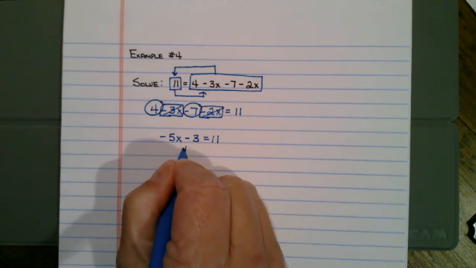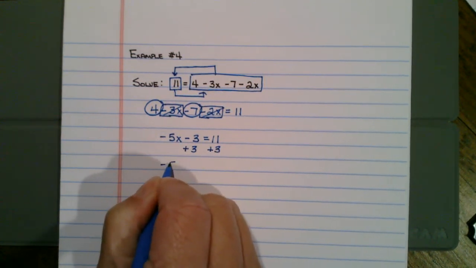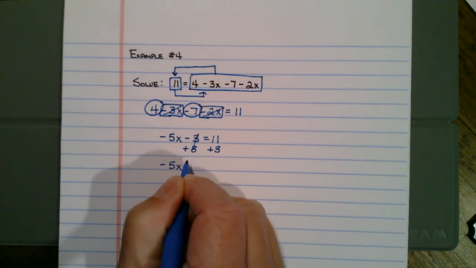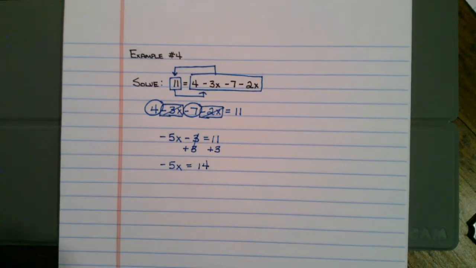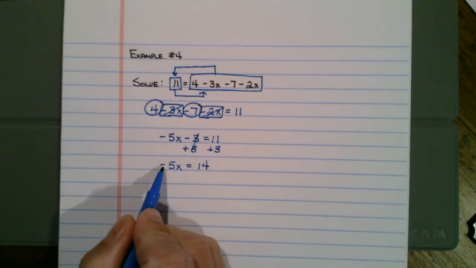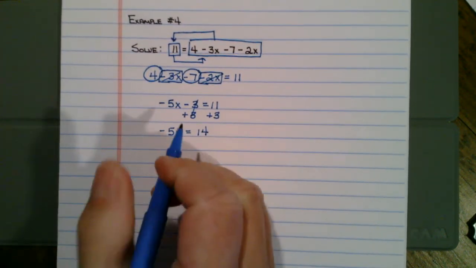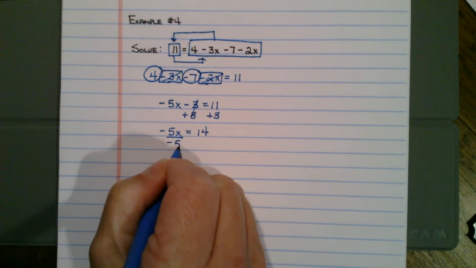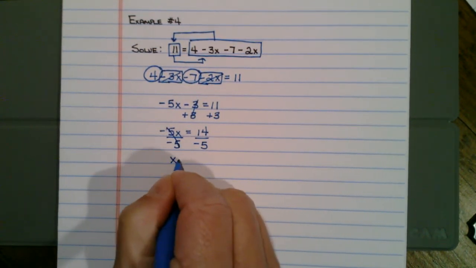Opposite of negative 3, positive 3. Negative 5x, that cancels out, is equal to 11 plus 3 is 14. The opposite of multiplying by negative 5 is dividing by negative 5. I need to divide both sides by negative 5. These cancel out. x is equal to.